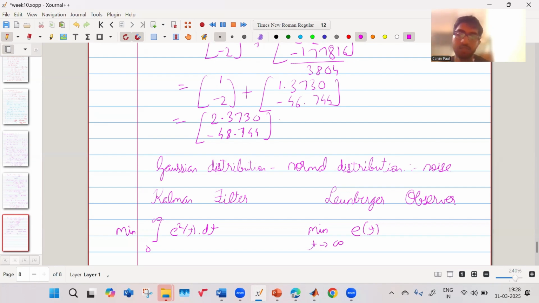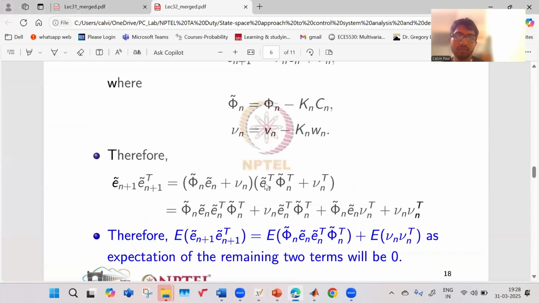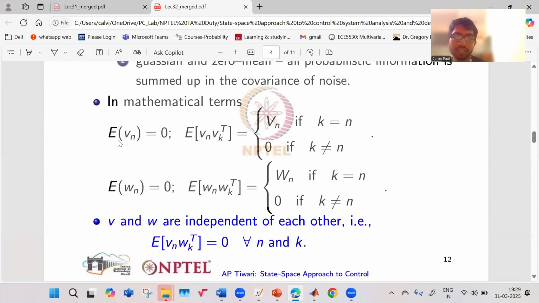That's what it means. So if you see this notation here, expectation of Vn is equal to 0. This means that the average noise is 0 because it is a Gaussian distribution with zero mean. Now this expectation of Vn Vk transpose depends on n.